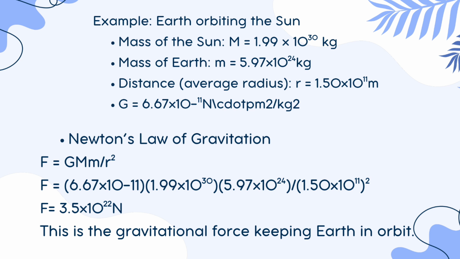And we have this distance, which is 1.50 times 10 to the power of 11, then squared. So we're going to multiply those numbers, and it results in 3.5 times 10 to the power of 22 newtons. This is the gravitational force keeping Earth in orbit.